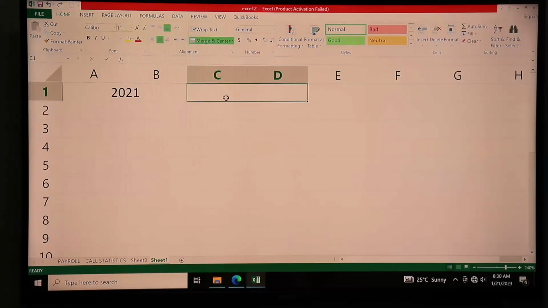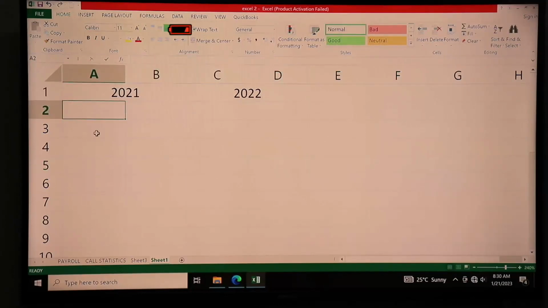Then you type 2022. And then here we have the sales for 2 months, for January and February. So you can copy these across. So again, you say here, January and February.